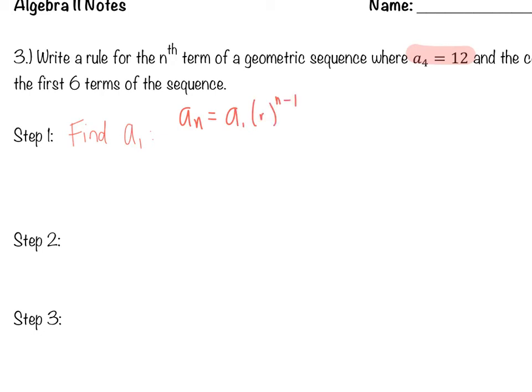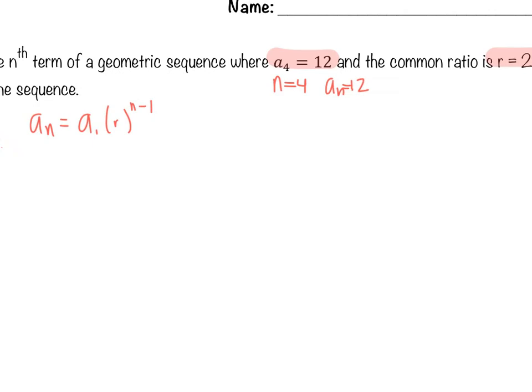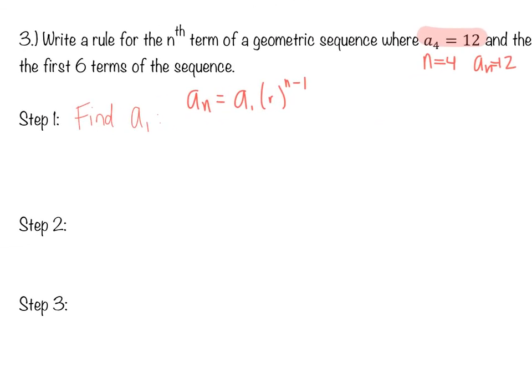They gave us a sub 4, which means n equals 4, and 12 means that a sub n equals 12. They gave us that r is 2, and we can plug everything in.